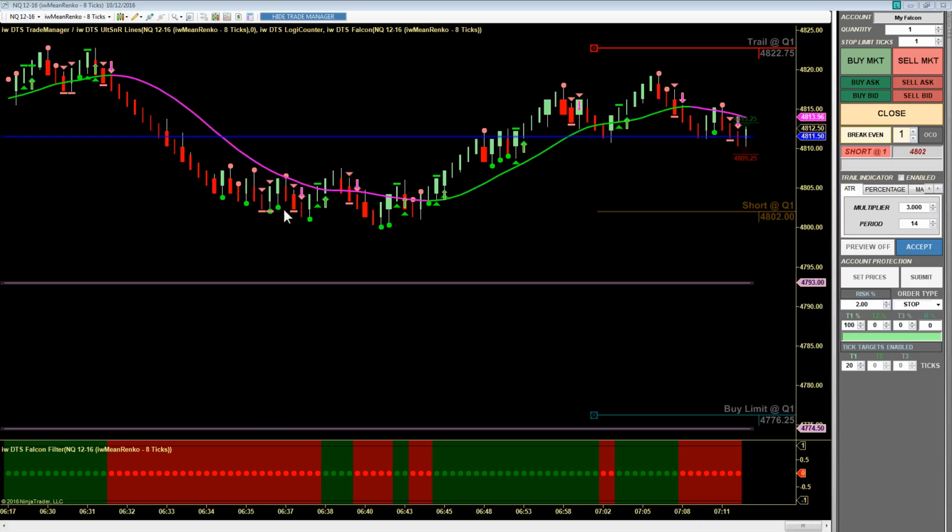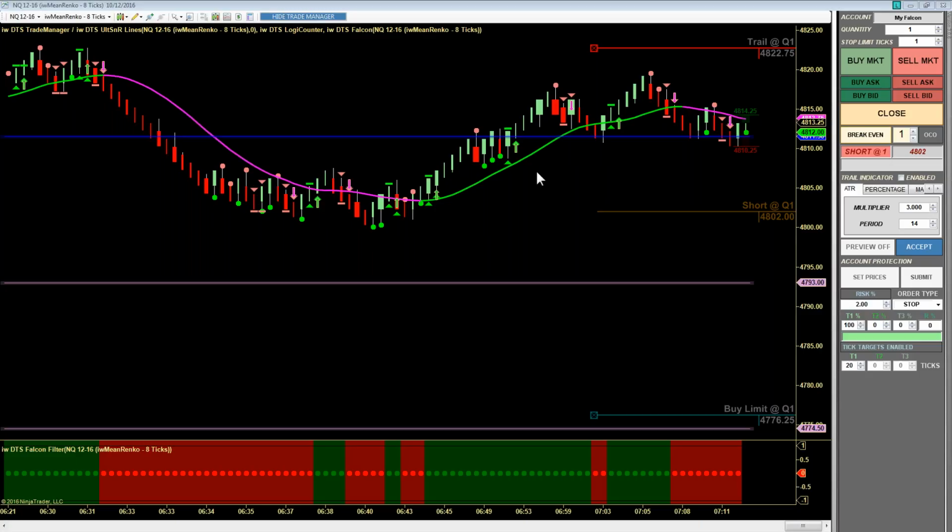This could well be our trading range too, say from the low of 4,800 to a 4,820 zone. So we're settled here now on the primary support line.